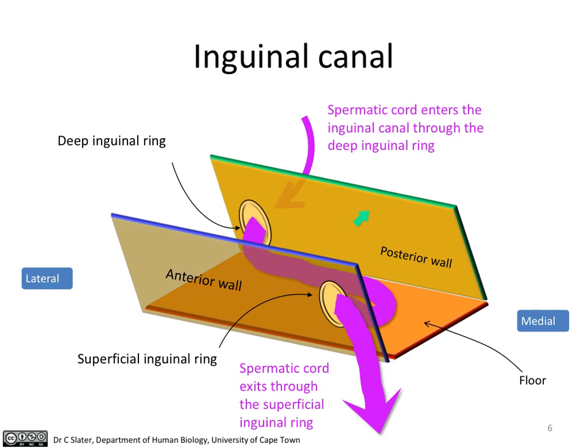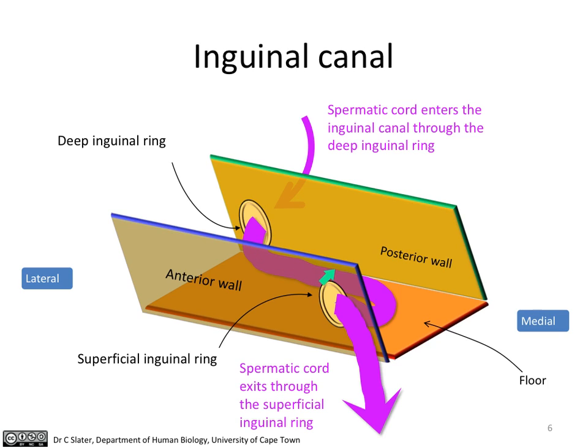Now in this view the roof has been removed, and we can clearly see the posterior wall of the inguinal canal. There's the deep inguinal ring, and here's the anterior wall with the superficial inguinal ring. In the male, the spermatic cord will enter through the posterior wall, through the defect of the deep inguinal ring.